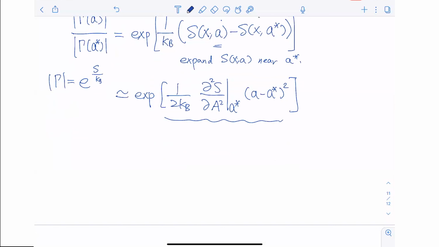The first thing is that, as I mentioned several times, this thing is smaller than 0 because entropy is concave.